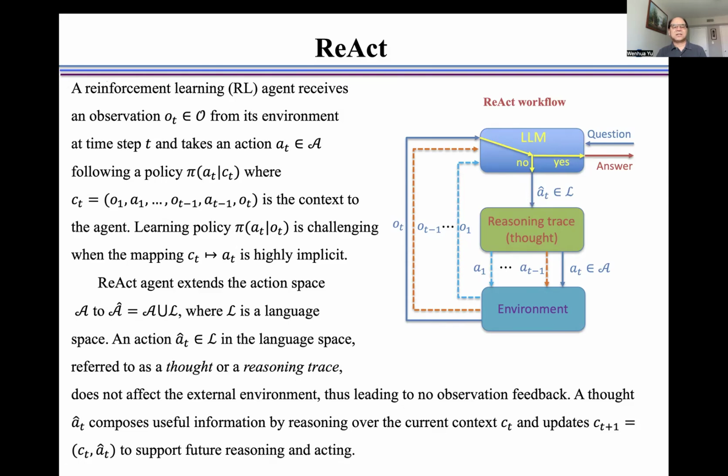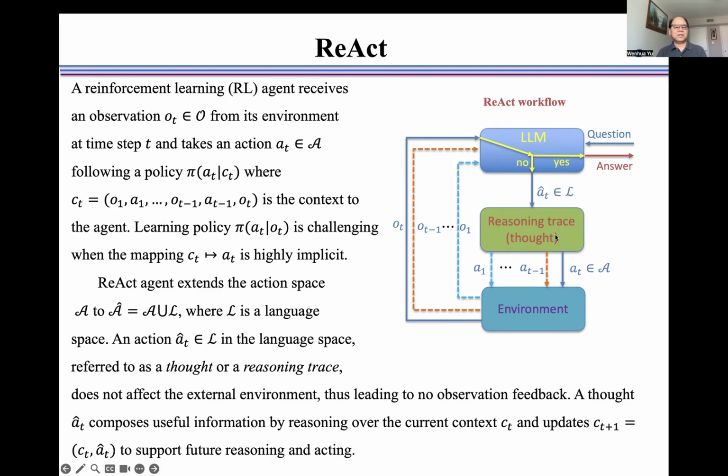ReAct agent extends the action space from A to A-hat, where L is a language space. An action a_t-hat in the language space, referred to as a thought or reasoning trace, doesn't affect the external environment, thus leading to no observation feedback, as shown here.